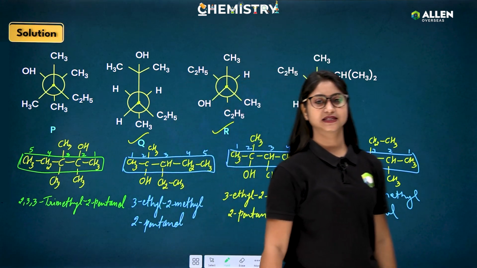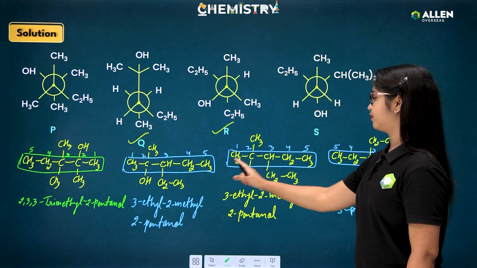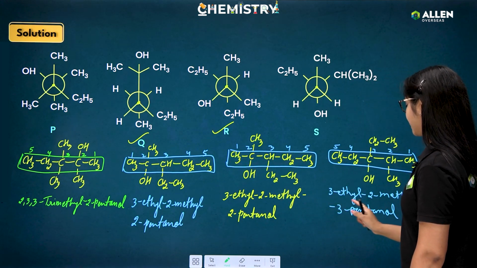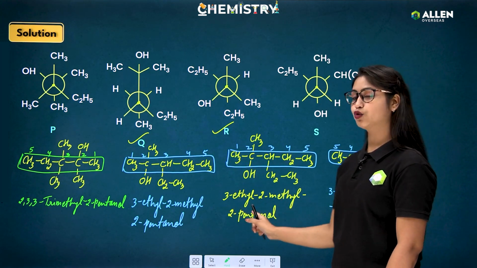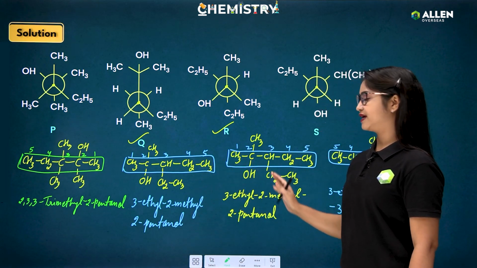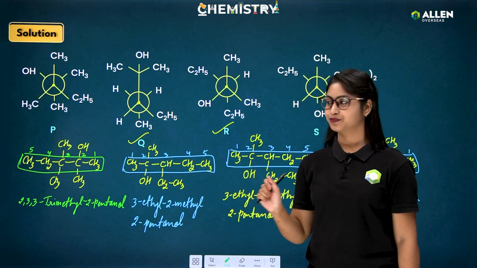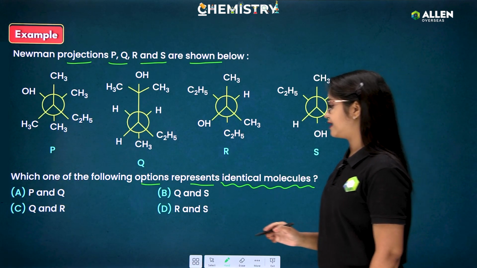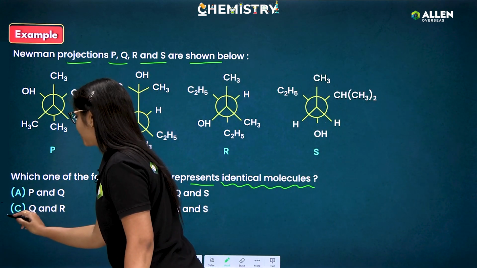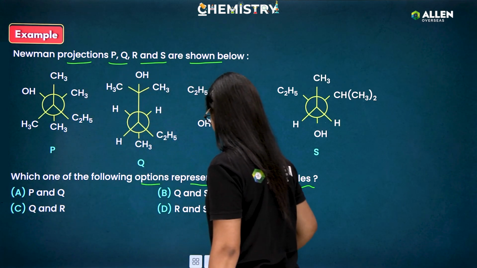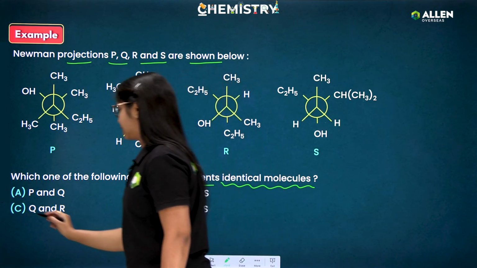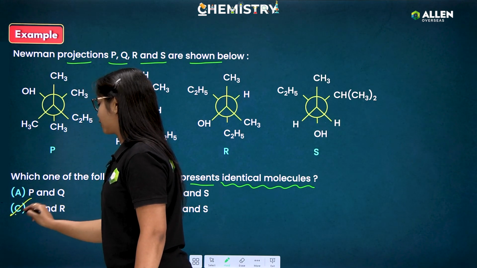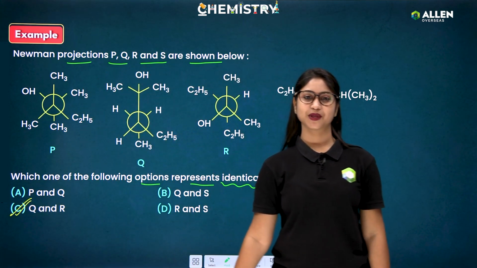Fine. But S is different with respect to Q and R, because it is 3-pentanol. These two are 2-pentanol, right? So only Q and R are identical. Fine. So what will be the answer of this question? Q and R, this is given in option C. So that's why option C will be the right answer.